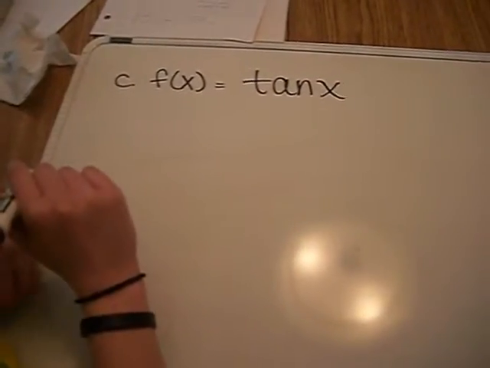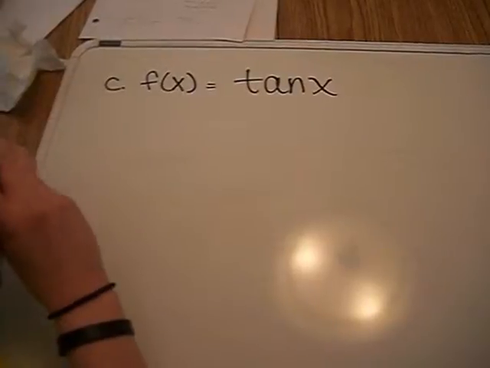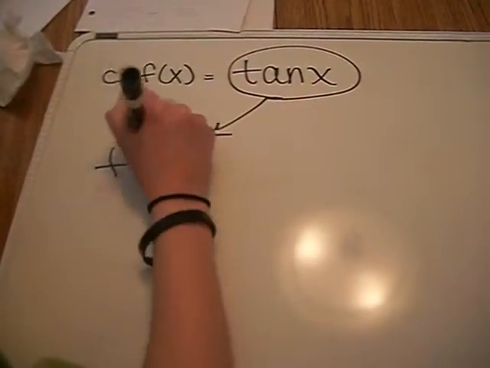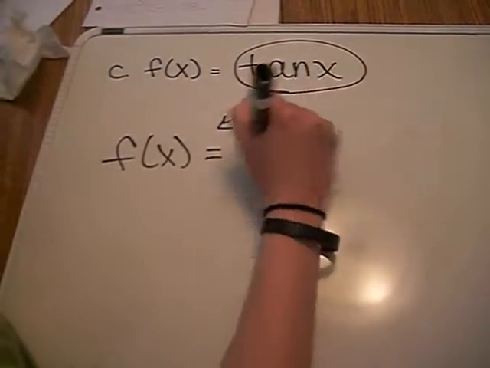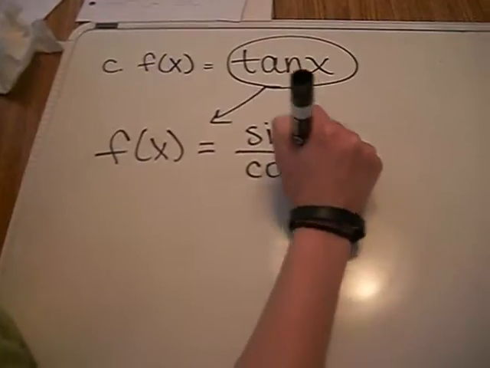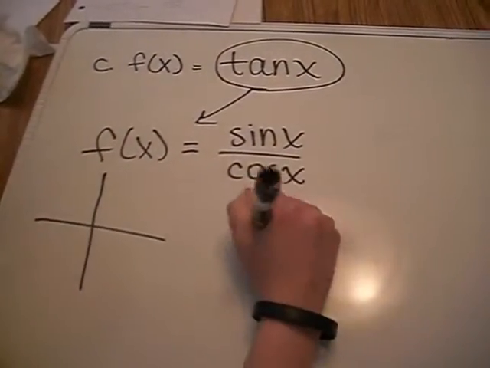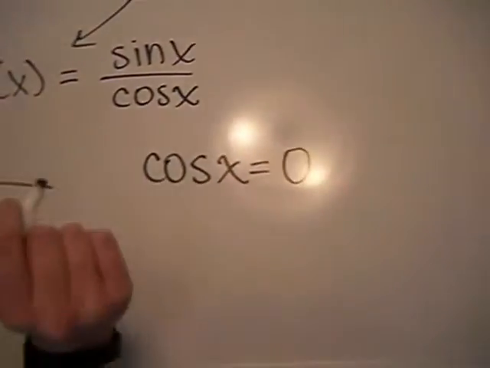The next one is a little tricky. So, tangent of x, you might think, what the heck? But let's think about tangent of x a different way. This is the same thing as saying f of x is equal to the sine of x over the cosine of x. Now remember, we can never have the denominator equaling 0. So therefore, we have to find a place where cosine of x is equal to 0.